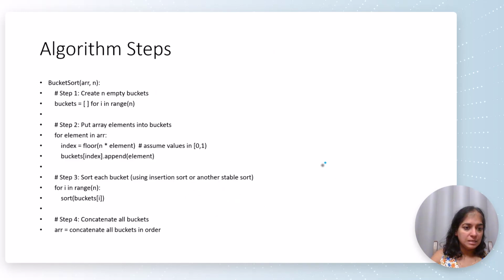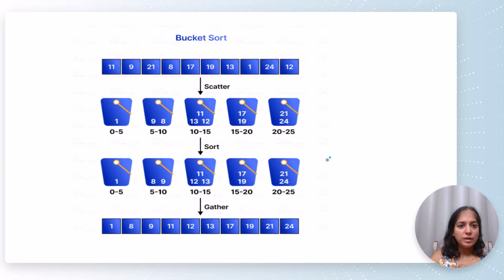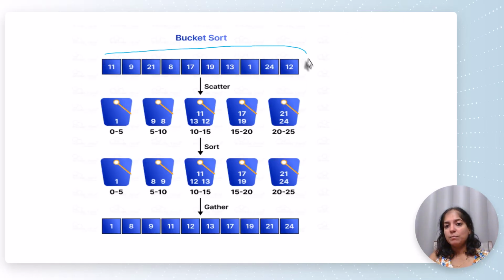Let me just show you one example. Let's say this is our array. We have created 5 buckets. Bucket 1 consists of elements in the range 0 to 5. Bucket 2 consists of elements in the range 5 to 10. Bucket 3 consists of elements in the range 10 to 15, then 15 to 20, then 20 to 25. All the elements in these ranges are put in these buckets.